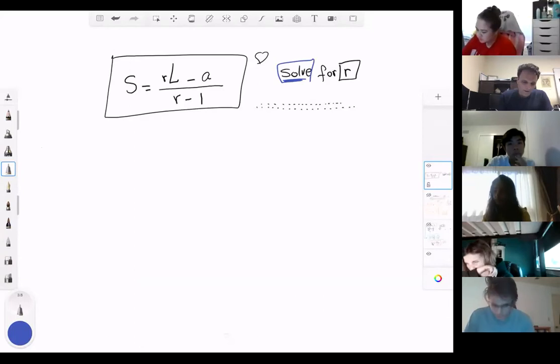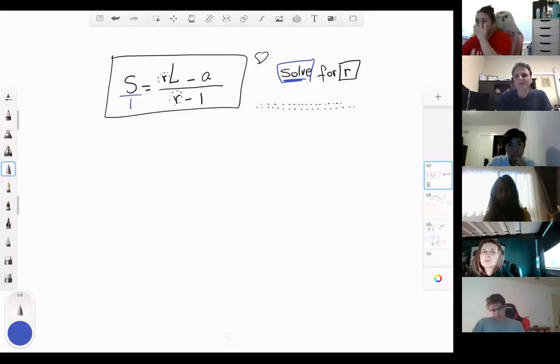So we have R here, and we have R over there. We have two R's. For a question like this, at one point, we need to factor the R. But for me, I would like to cross multiply to get rid of the denominator. So I'm going to multiply both sides by R minus 1.